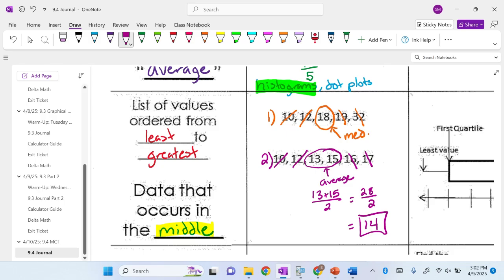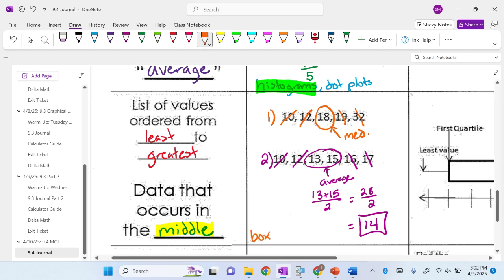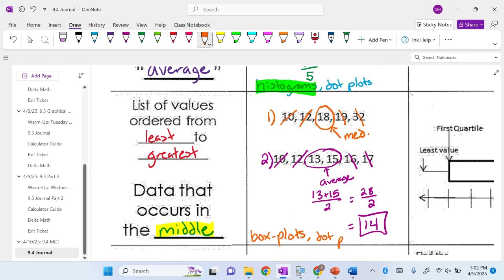Now, with median, what you will see this the most with is box plots. You can also see it with dot plots as well. So dot plots is kind of like a general that you see a lot with either mean or median. Kind of the kings of centers in terms of statistics is either mean or median, and it really depends on what you're looking at.